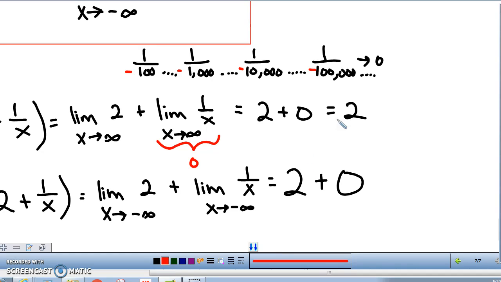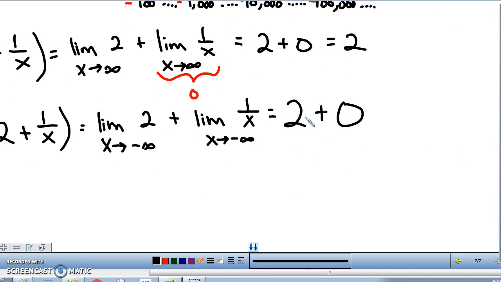What we're doing is we're just approaching 0 from the negative side. So in the number line, in part A, we were approaching 0 from the positive side. Now we're approaching 0 from the negative side. So we still get 2 here.